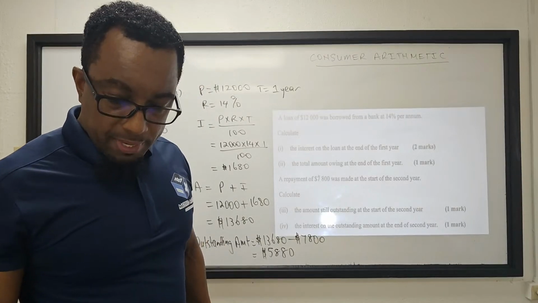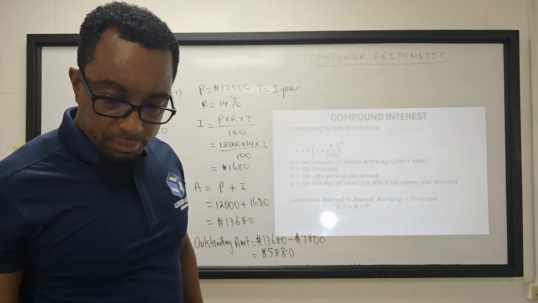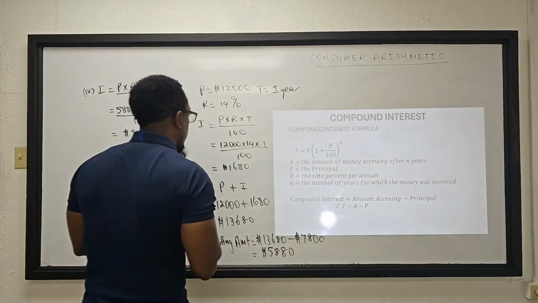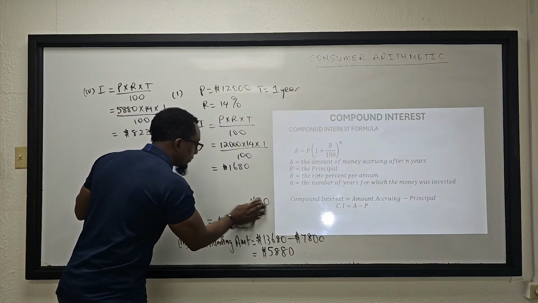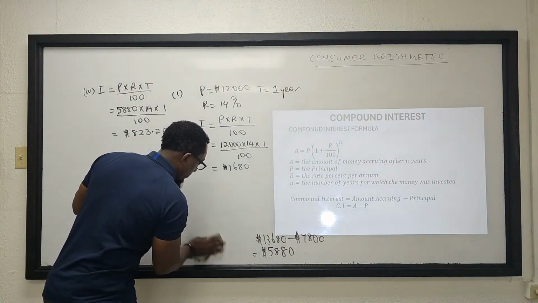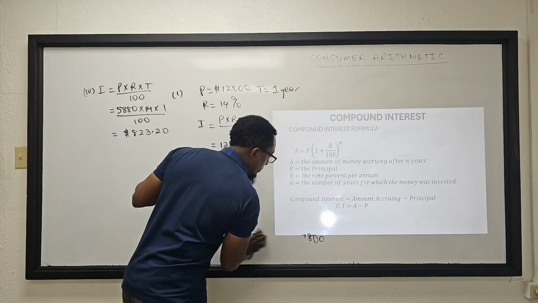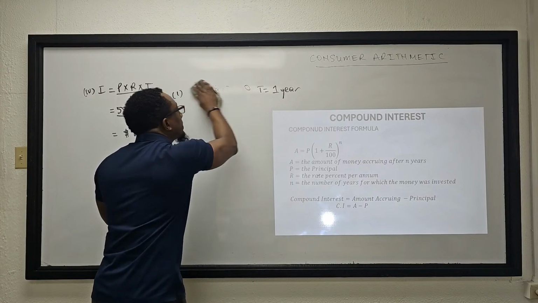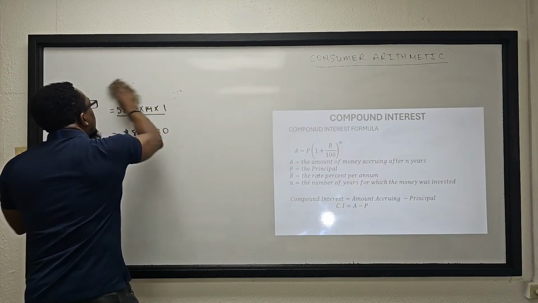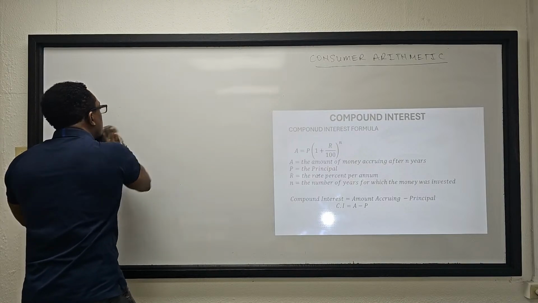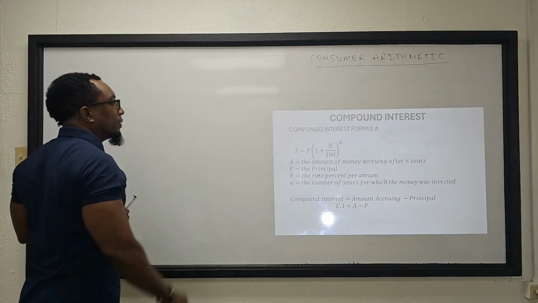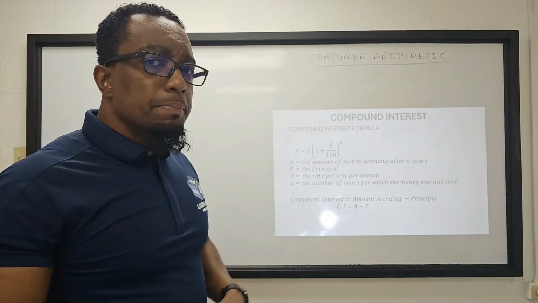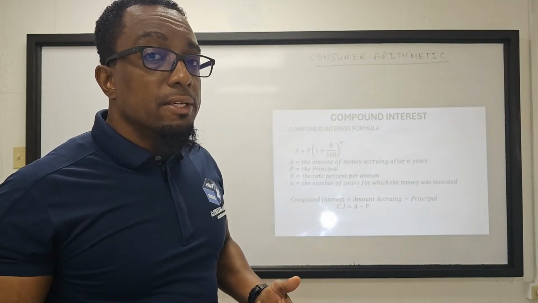So we can show that we are clear on simple interest. Moving on now to compound interest. Compound interest is basically interest attracting interest.